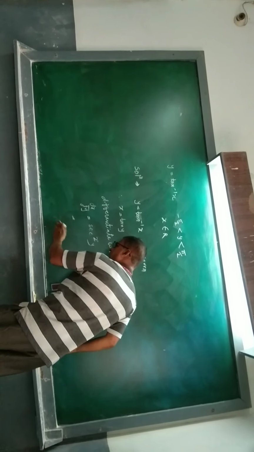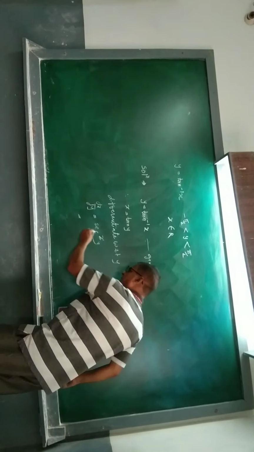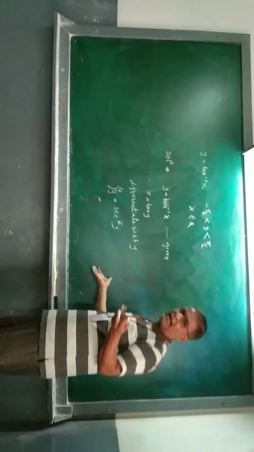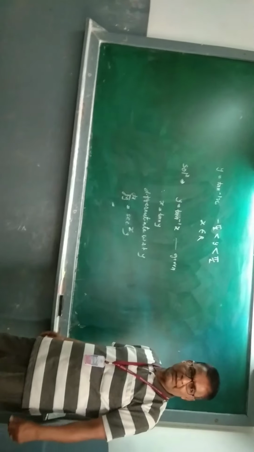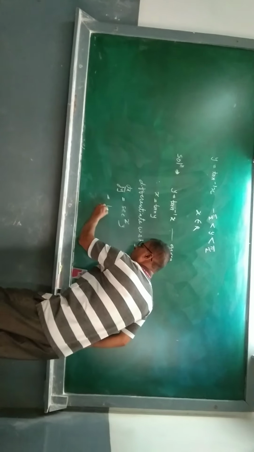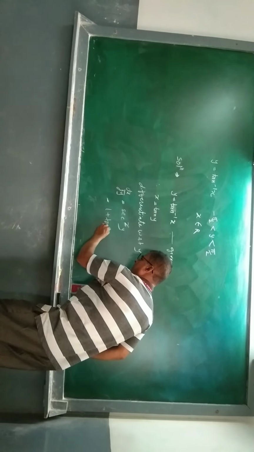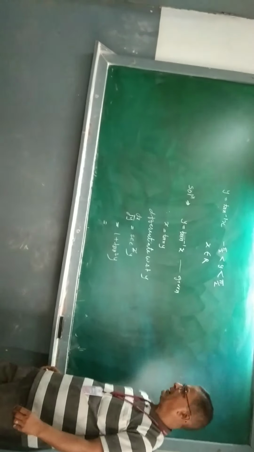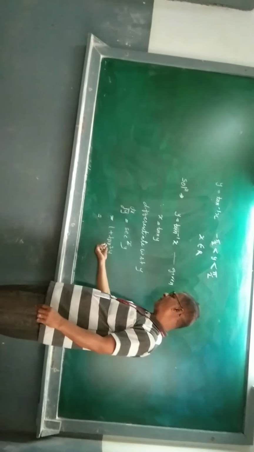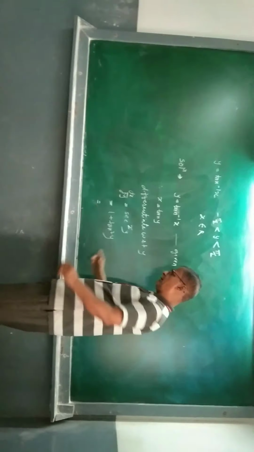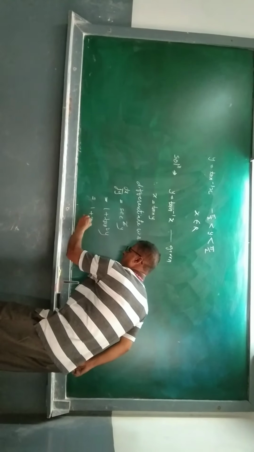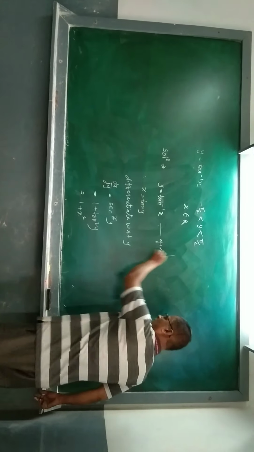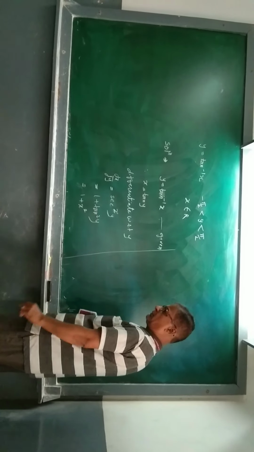Now we convert sec square y into tan form. We know the identity: sec square y is equal to 1 plus tan square y. Substituting tan y is equal to x, we get 1 plus x square. So dx by dy is equal to 1 plus x square.